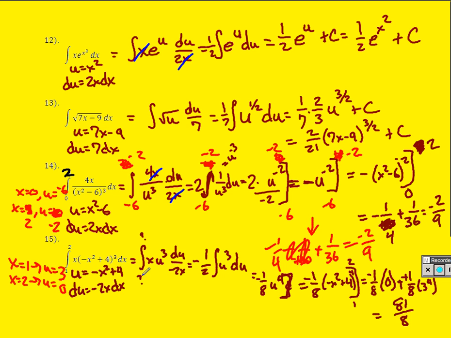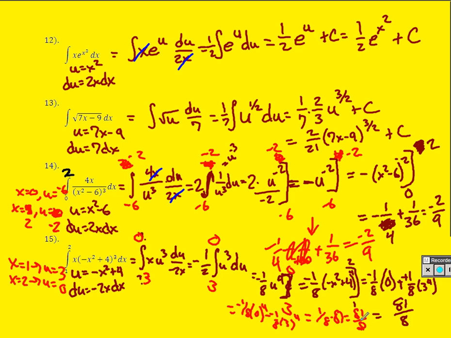So my bottom limit, when x is 1, u is 3, and the top is 0. So I can go 3 and 0 that way, and plug in right here 3 and 0, which would mean negative 1/8 times 0 minus negative 1/8 times 3, all those to the 4th power. That should be 1/8 times 81, which is 81 over 8.